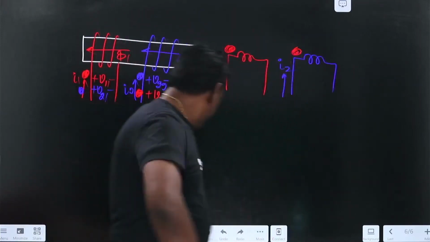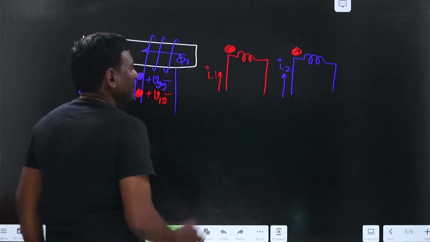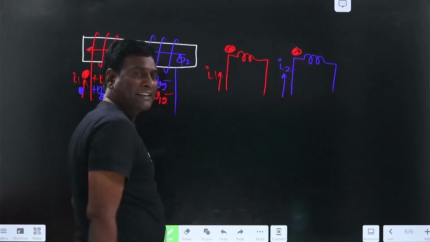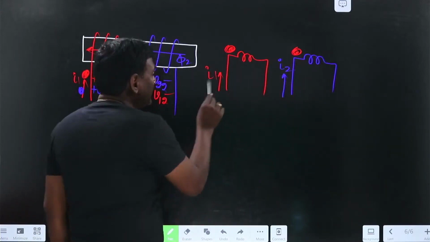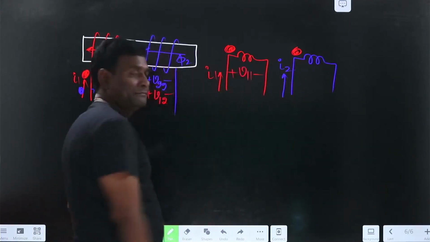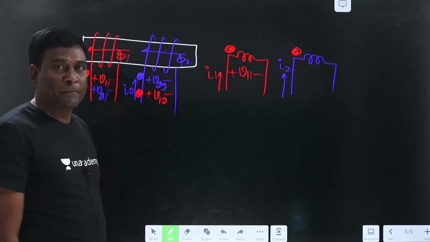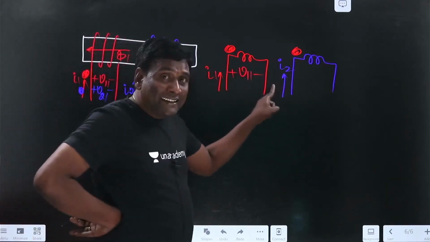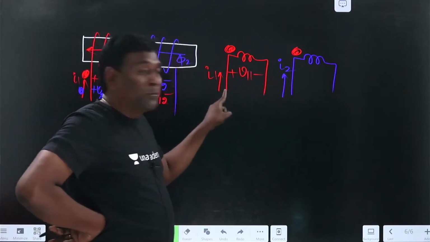Okay, now see here, for self, forget about dots, they are not required. For self-induced voltage, current is entering here, so plus minus self-induced voltage. Now relax.